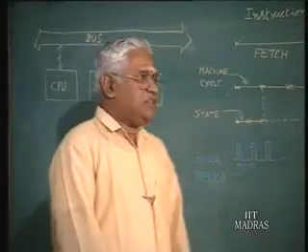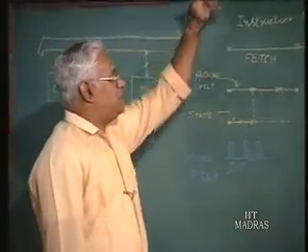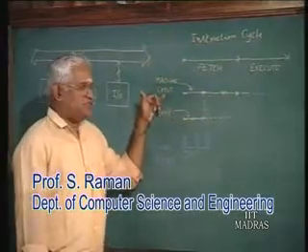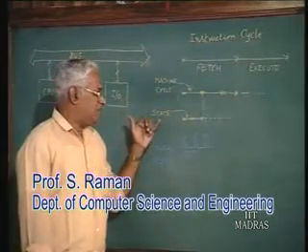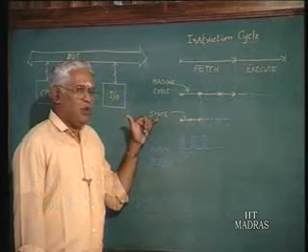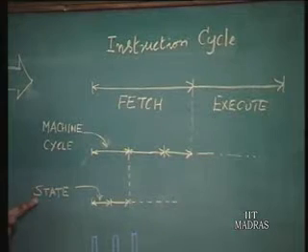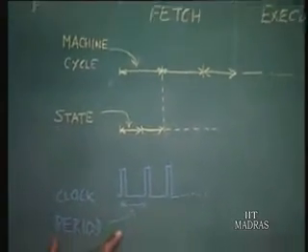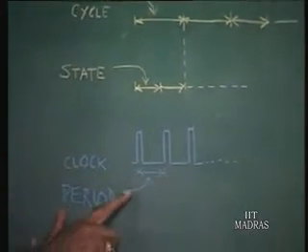In the previous lecture, we went into the details of the instruction cycle. That is, an instruction cycle consisting of machine cycles, which in turn consist of states, some low level activity, I said. This state is nothing but the one defined by the clock period, the basic clock of a processor.